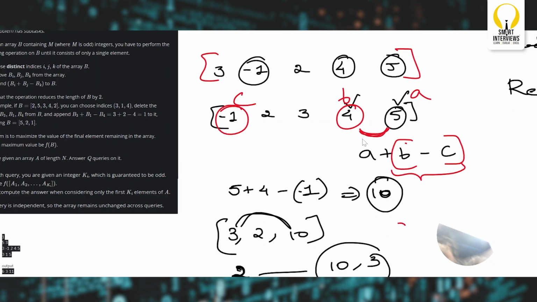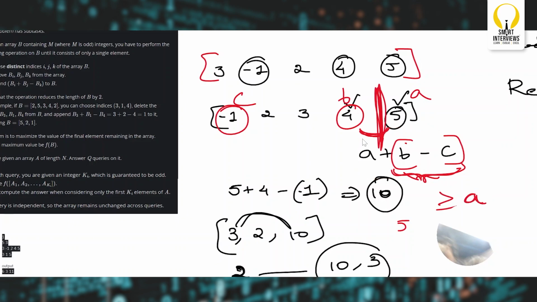Again, if there are duplicates in the array, then what would be the case? In the worst case, all these three will be the same elements, or this entire array will contain the same elements, like 5 and 5. Then this and this will get cancelled out, and whatever is there in A will remain.